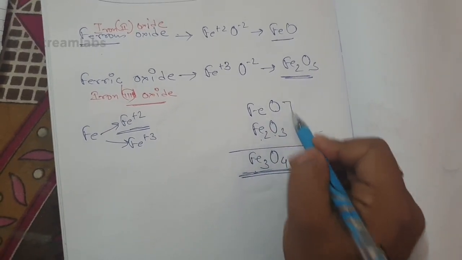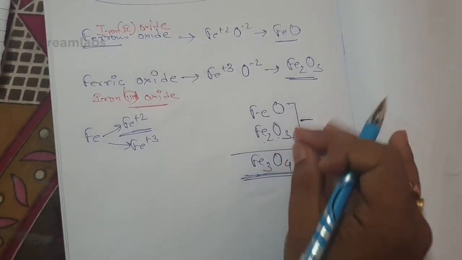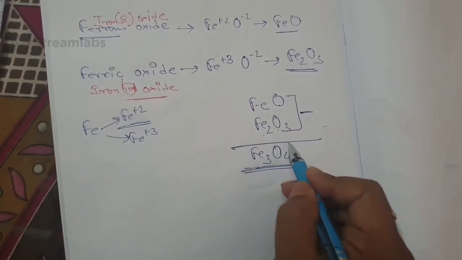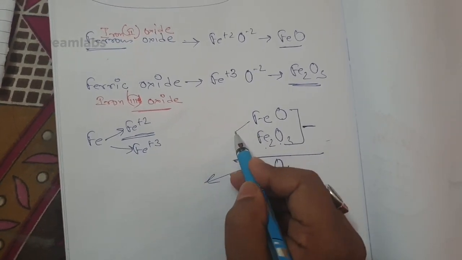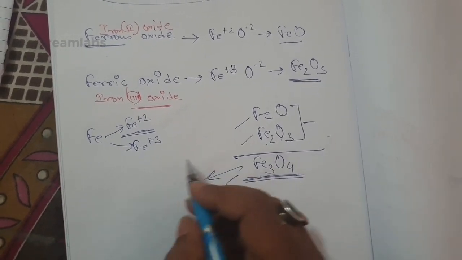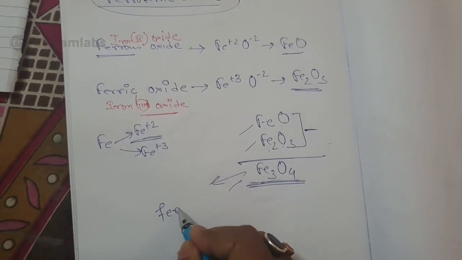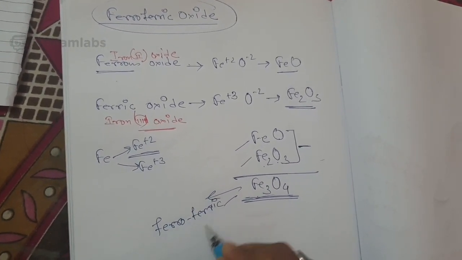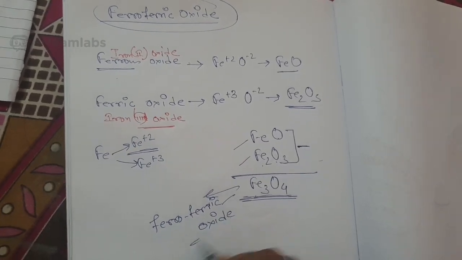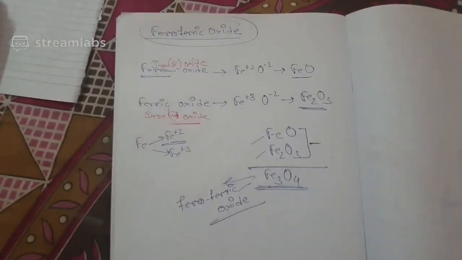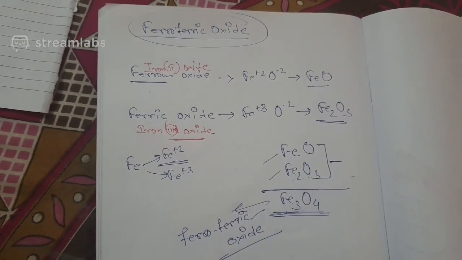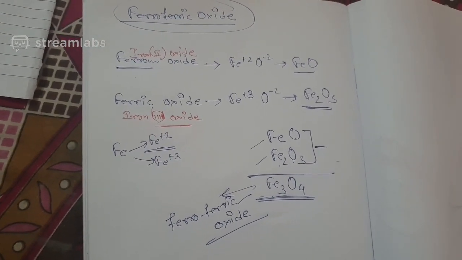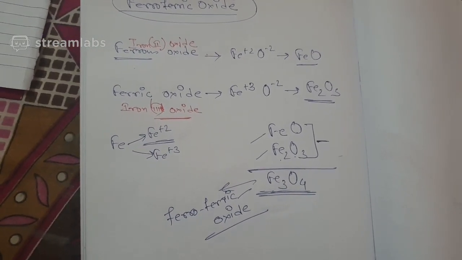They get conjugated with each other, tie up with each other. So this comes from both ferrous and ferric oxide. That's why it is known as ferroferric oxide.